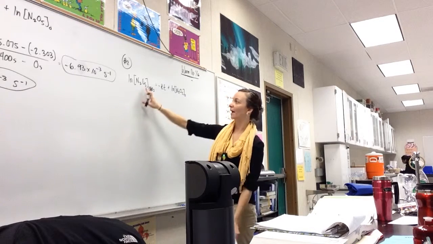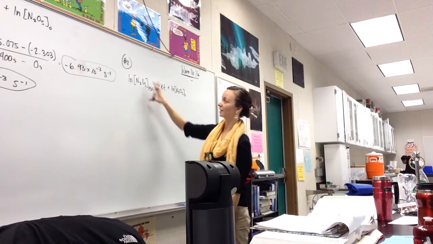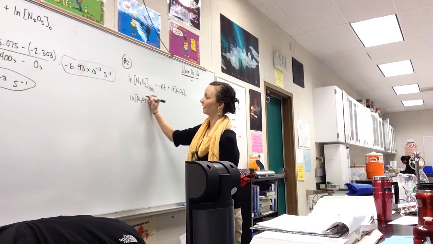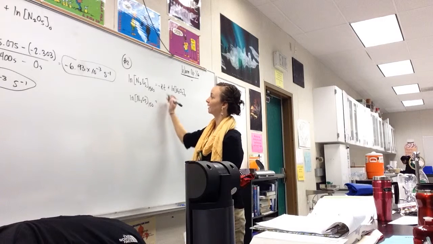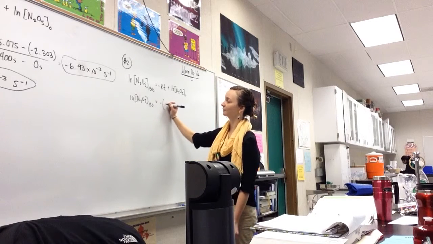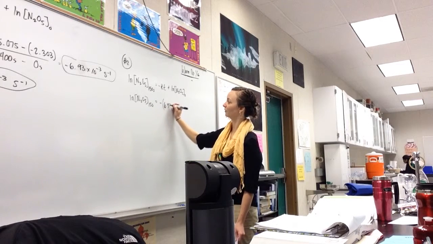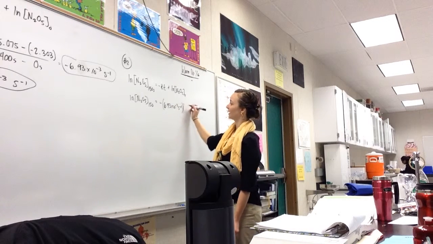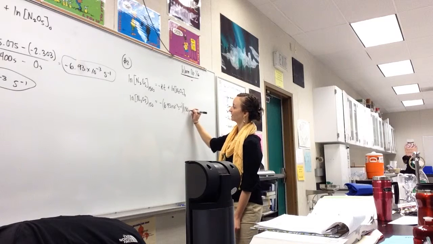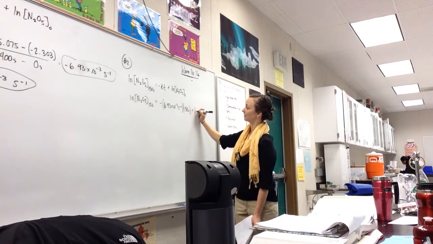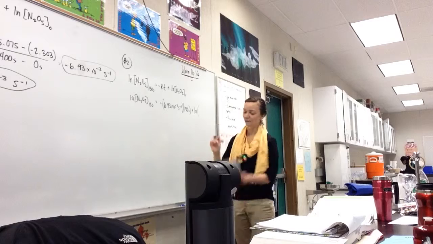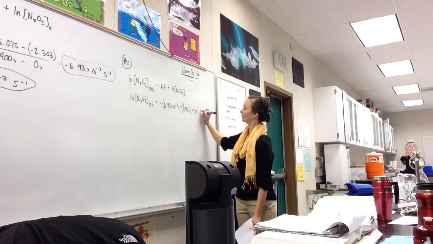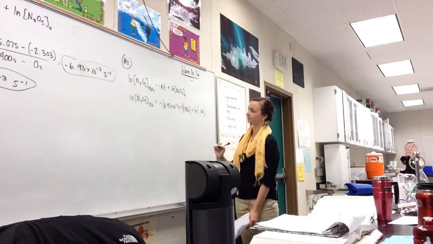I am looking for 150 seconds, so this is what I'm solving for, and that's not going to change. But I can plug my K in, so my K is 6.93 times 10 to the negative third s minus 1, times 150 seconds, and I'm going to add that to the natural log of my initial concentration, which number 2 tells us is 0.100 molar.